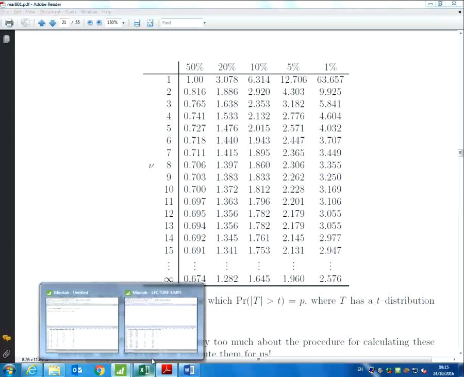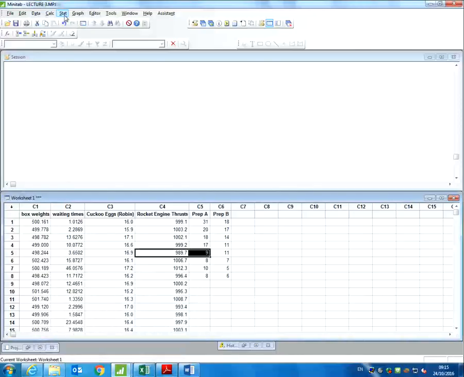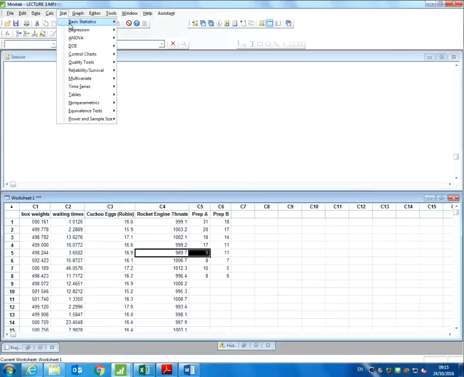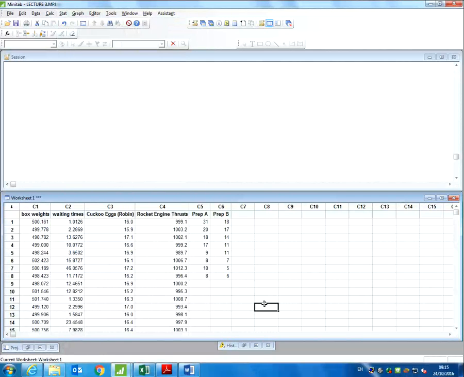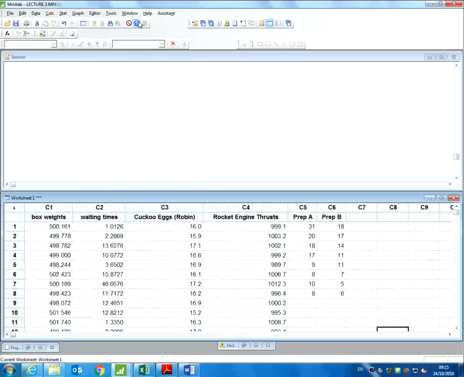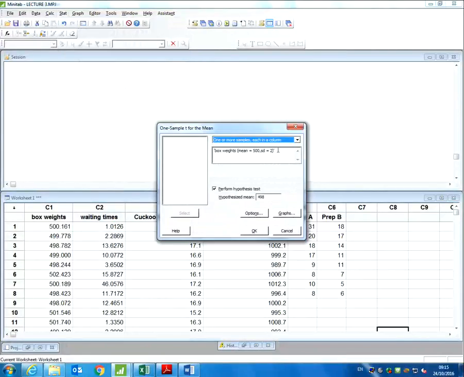Okay, so in Minitab, I'm just going to construct a confidence interval, and I want you to interpret the output. I'm just going to make this a bit larger. What was the command for a confidence interval? It was Stat, Basic Stats, 1 Sample t.